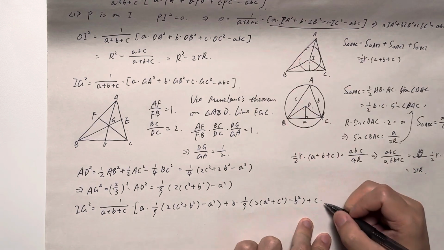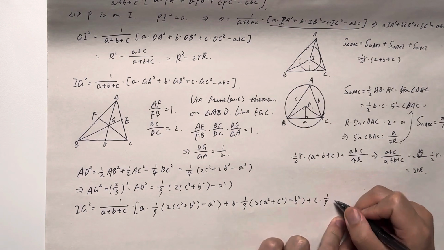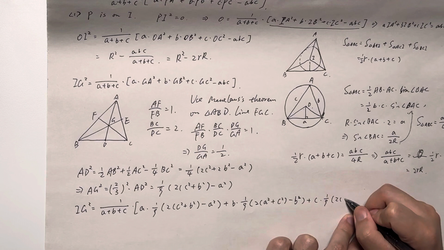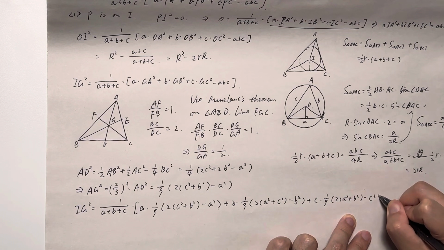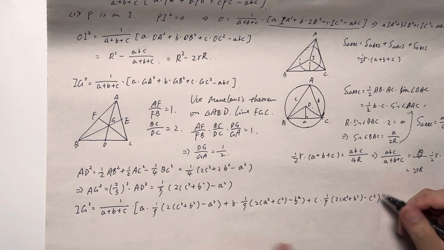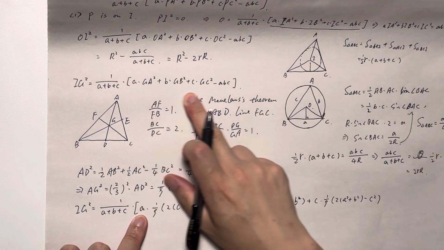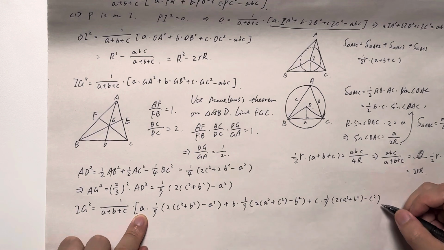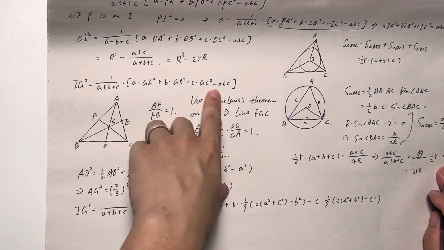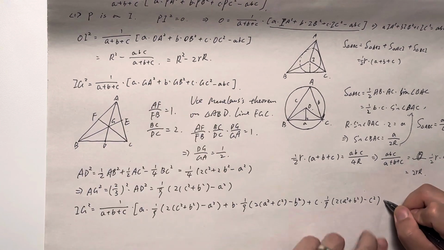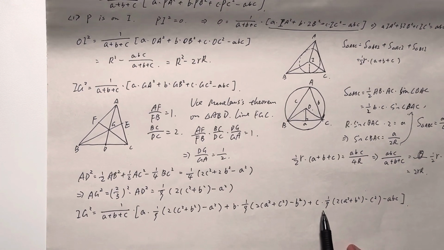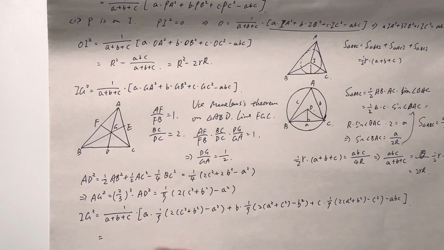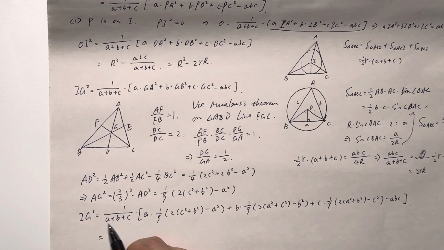GC squared should be 1/9 times 2a squared plus 2b squared minus c squared. And that's just this thing, and we still need to minus abc, right? Minus abc. So we extract 1/9 out.